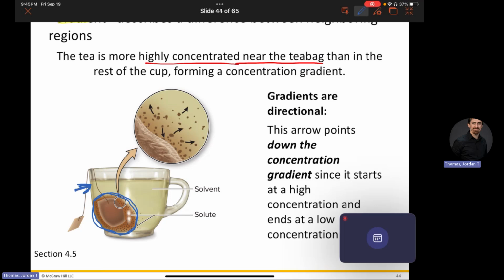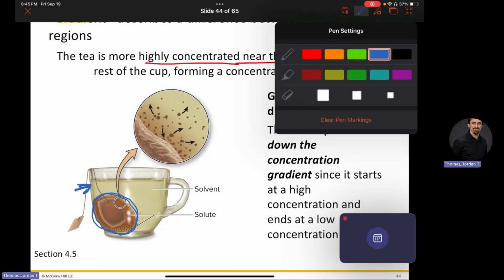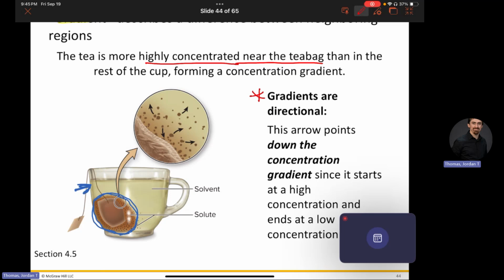So gradients are directional. Let's write that down. Gradients are directional. This arrow points down the concentration gradient, since it starts from high concentration and ends at low concentration. So we can see in this image right here that these molecules are moving away from each other.